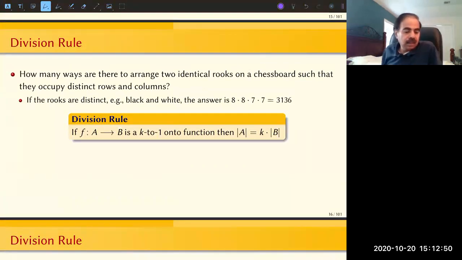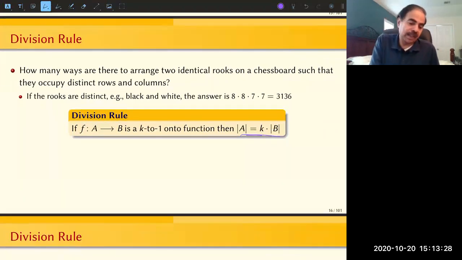Then the third rule we talked about is the division rule, which basically says that if you create arrangements, and some of these arrangements are indistinguishable, then you need to divide the count by a certain number in order to get the really unique number of arrangements.